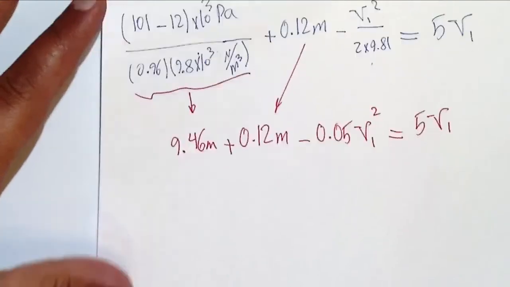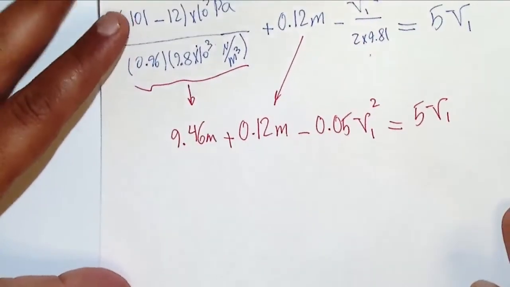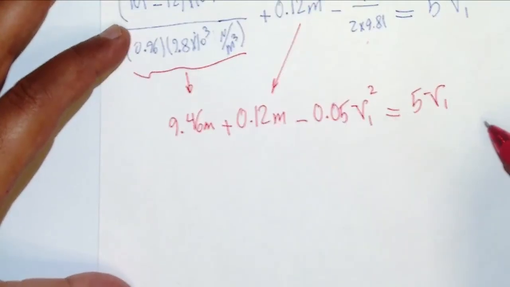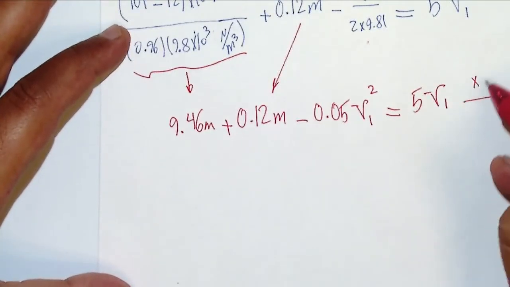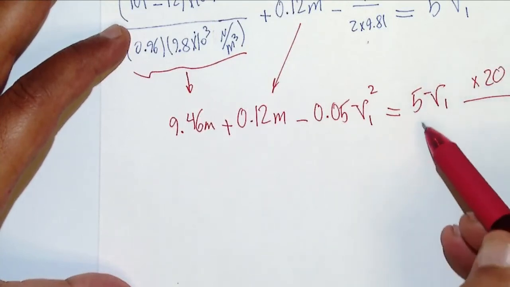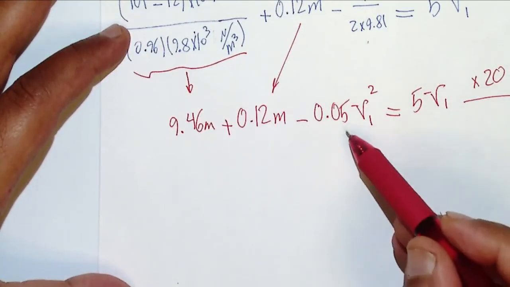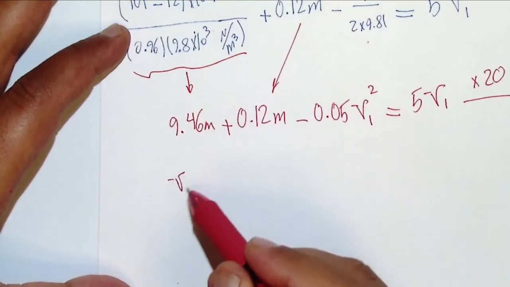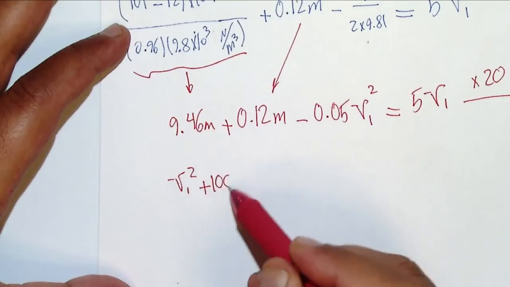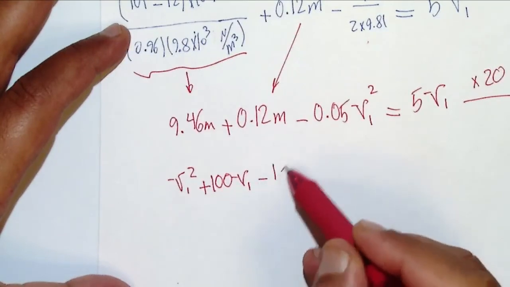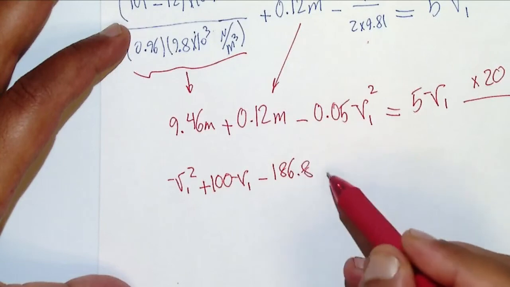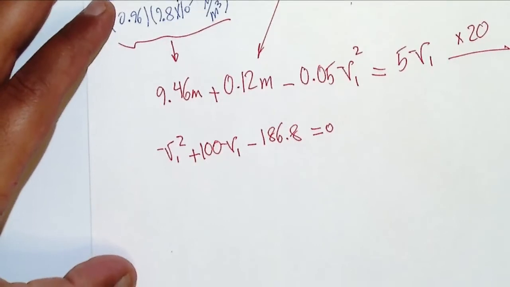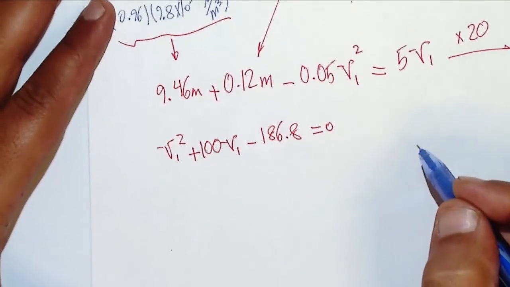So multiply each side by 100, or multiply by 20, then this is going to be 100 and this is going to be 1. Then bring v1 squared to the other side, and you will have v1 squared plus 100 v1 minus 186.8 equal to 0.